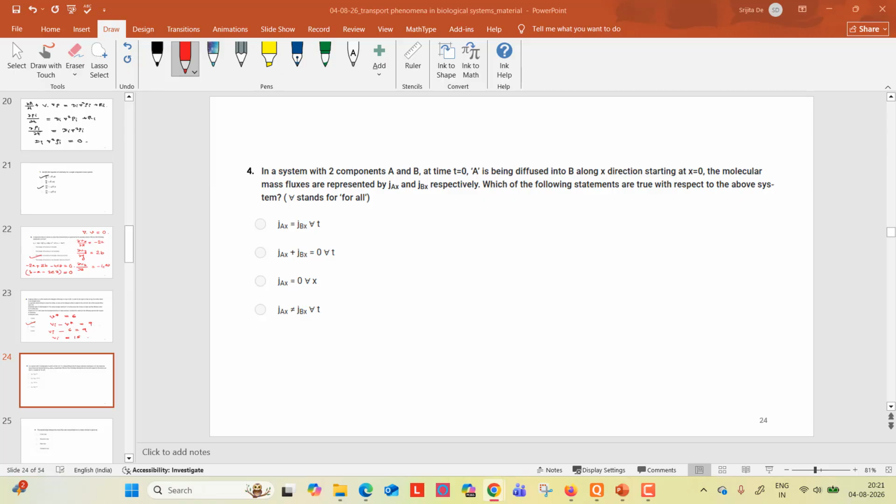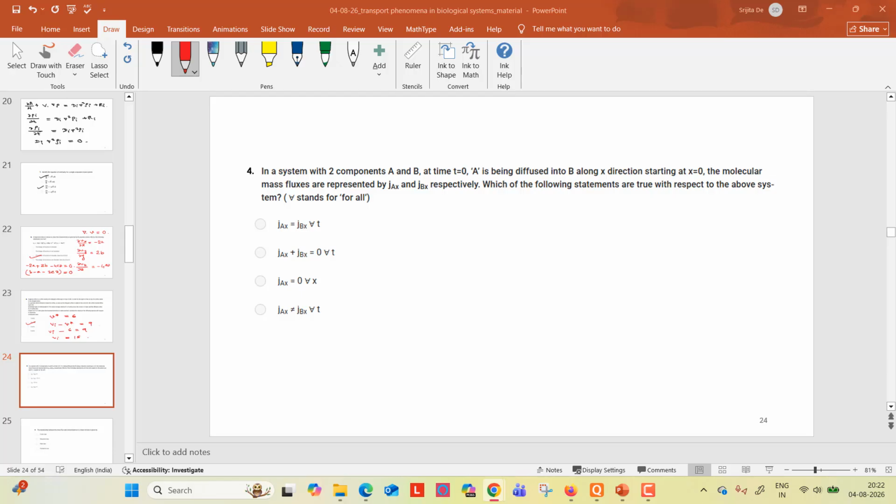In a system with two components A and B, at time t equals 0, A is being diffused into B along the x direction, starting at x equals 0.